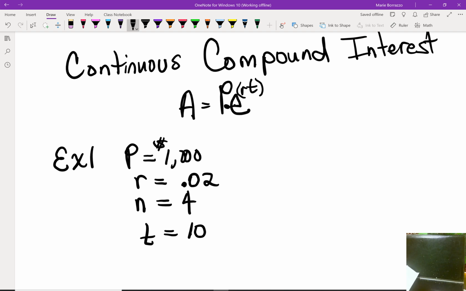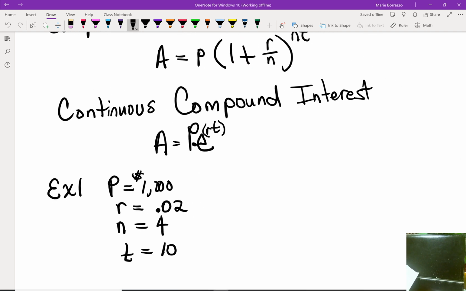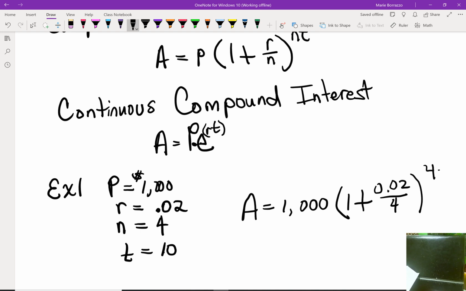And so we basically apply this to the formula, and they want to know how much money we would have given those parameters. So the principal amount times 1 plus 0.02 divided by 4, and all of this raised to the 4 times 10, which yields 1,000 times 1.005 raised to the 40th.